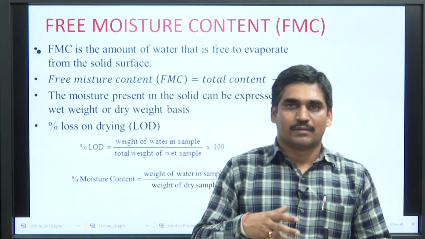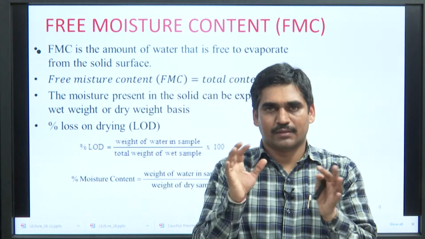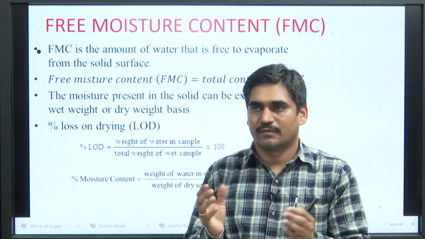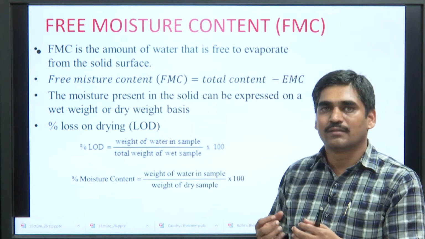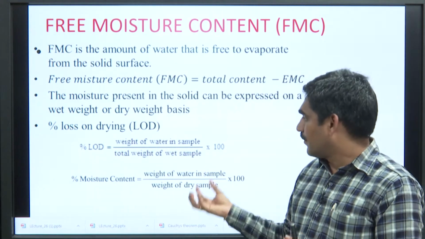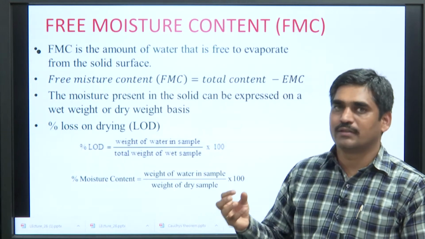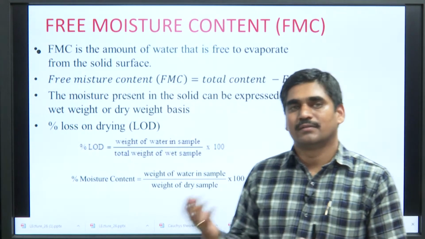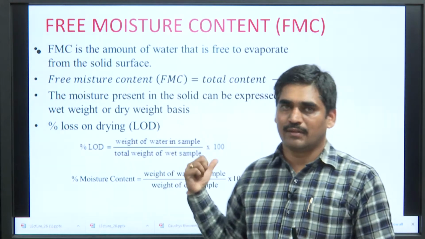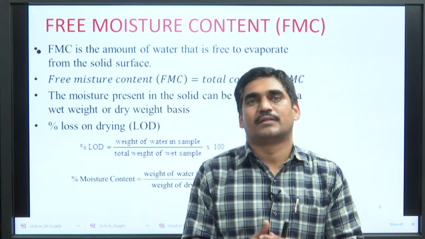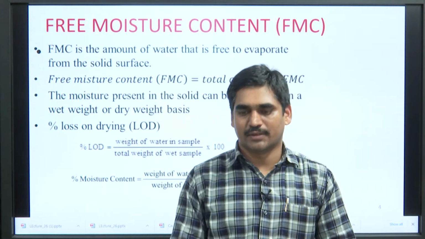That means, after drying, what is the weight of the dry sample, and what is the amount of water present in the sample. In this way, by applying this formula, we can determine the moisture content of that substance.